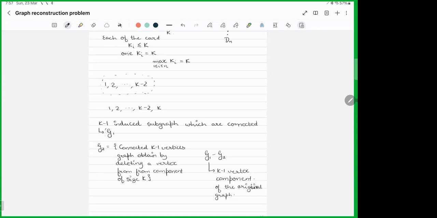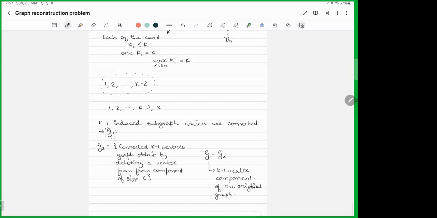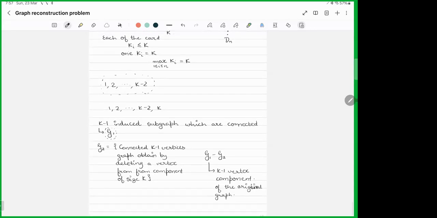This set G1 has one problem: there could be some graphs in G1 which we get from a k-vertex component, but we don't want that particular set of graphs in our k minus 1 induced subgraphs. That is why we are removing G2. Yes, got it. Did everyone get why I was removing G2 from G1?